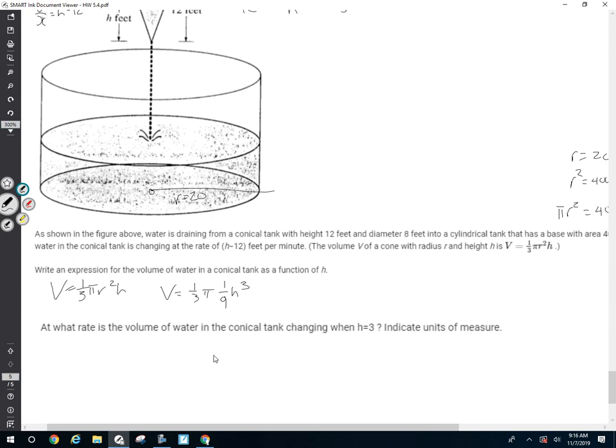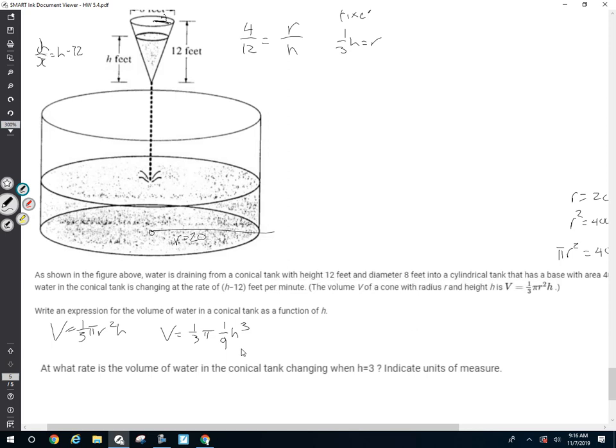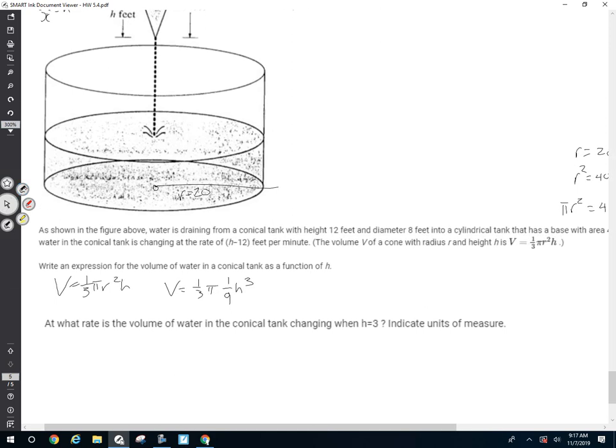At what rate is the volume of the water in the conical tank changing when h is 3? Indicate units of measure. Well, dh/dt is h minus 12, so I could plug in 3, but let's just see. I take the derivative of this and get dV/dt equals 1/9 pi h squared dh/dt.